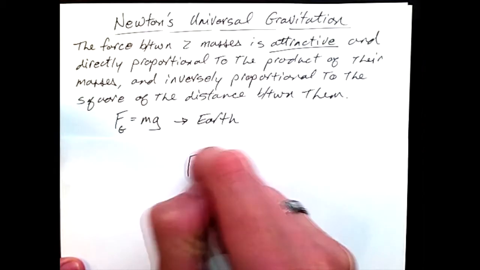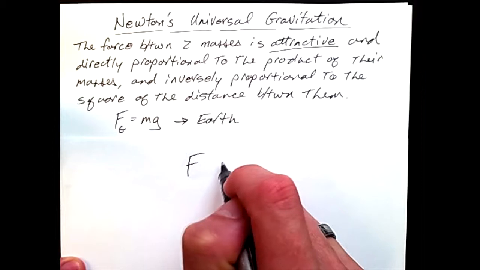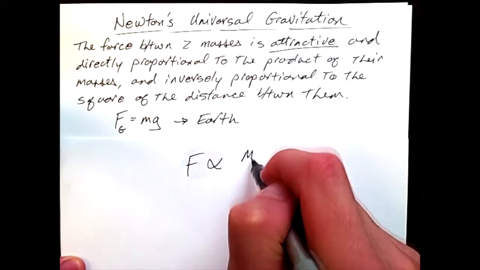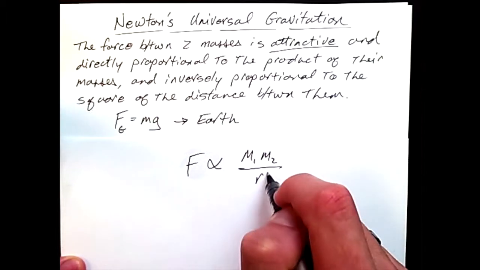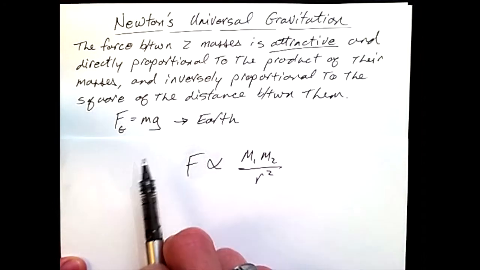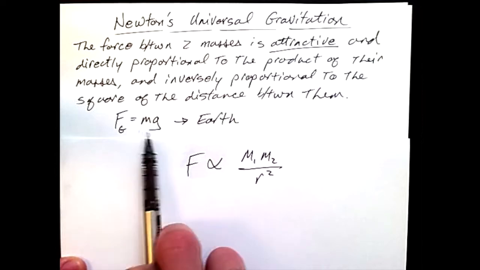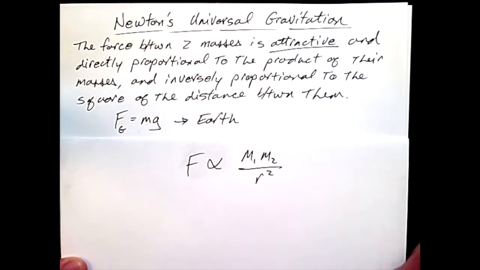So in mathematical terms, he described the force of gravity, the universal attraction, as being proportional to the product of the masses, m1 and m2, and inversely proportional to the radius between them squared. So you can imagine that if we were talking about you on Earth, this mass is you, and the remainder of those terms are collected in the acceleration characteristic of Earth.